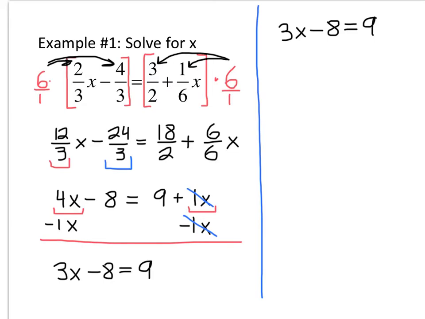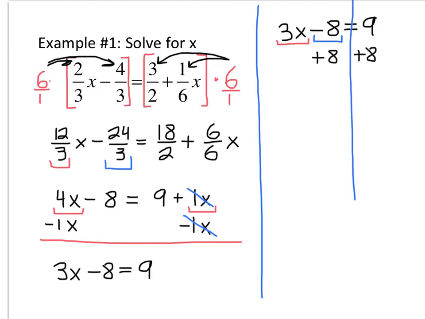I want to do inverse operations in the opposite of the order of operations. So I have two operations, multiplication and subtraction. Since we're doing the opposite of the order of operations, the first thing I need to get rid of is that subtraction. So I'm going to draw a line down the middle of our equation. I'm going to add 8 to both sides since that's the inverse of subtraction.